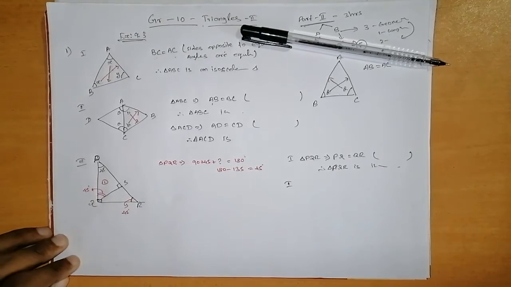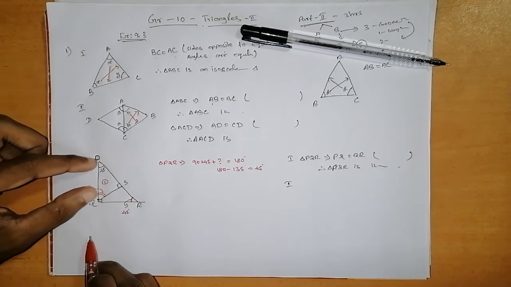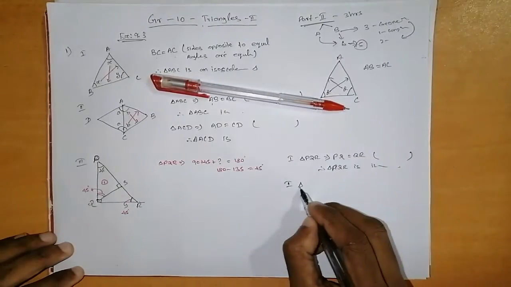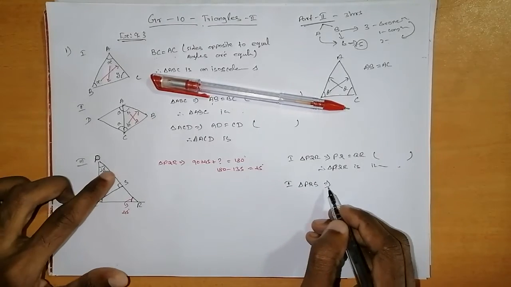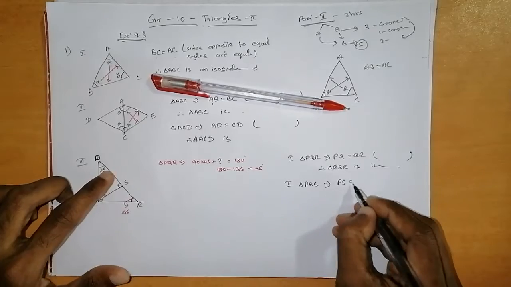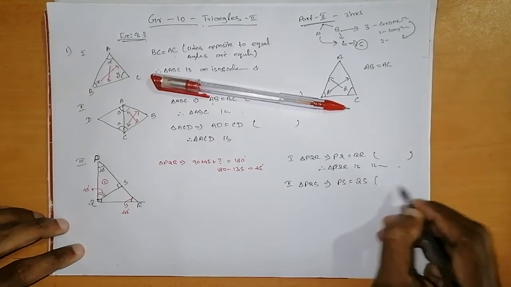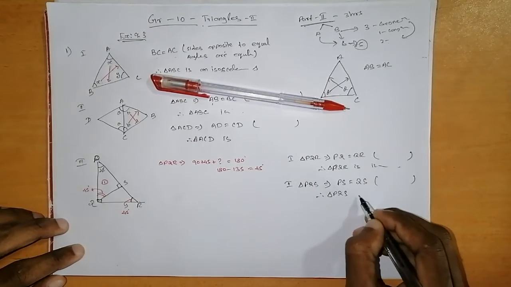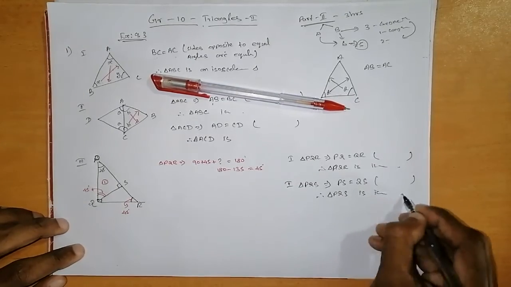So in triangle PQS also we have two 45 angles. What are the sides? In triangle PQS, one 45 is opposite to PS, the other 45 is opposite to QS. You know the theory, so triangle PQS is also an isosceles triangle. You can write it.